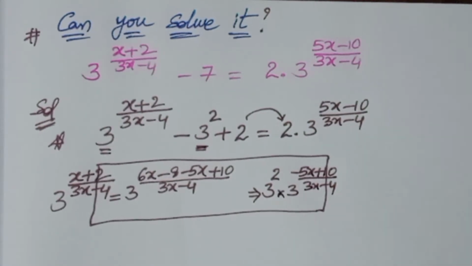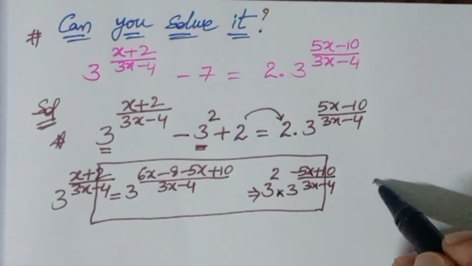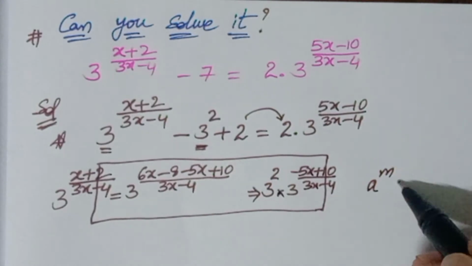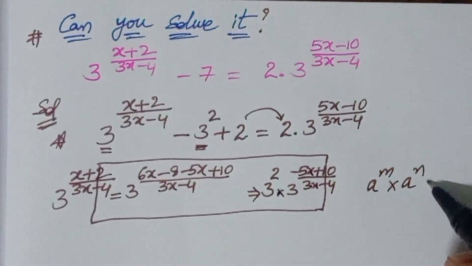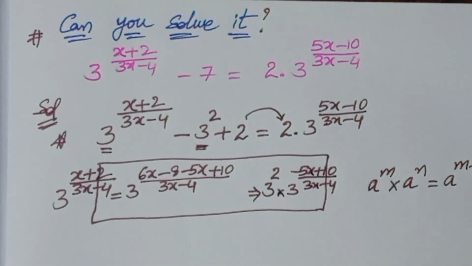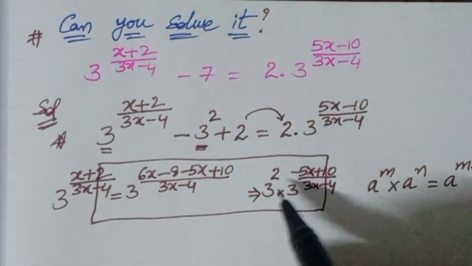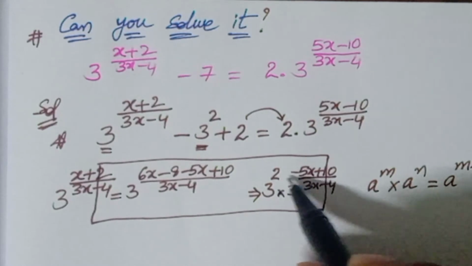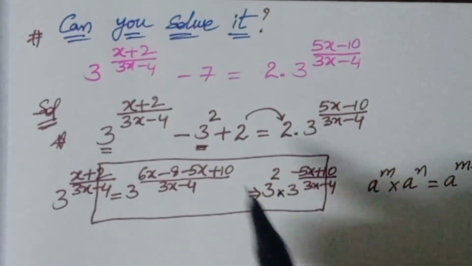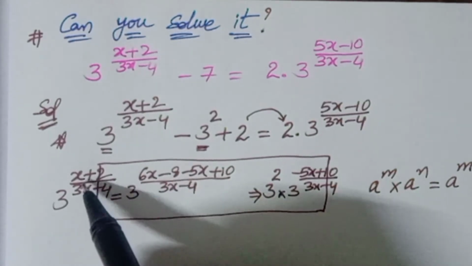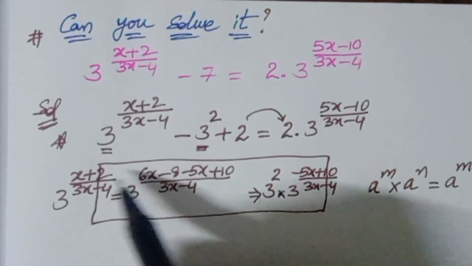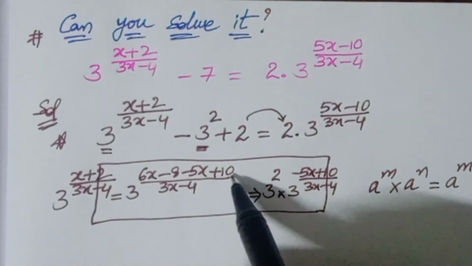The formula you are using is a to the power of m into a to the power of n is equal to a to the power of m plus n. Here you have to add these two powers, then you will get this value. 6x minus 5x is x, 10 minus 8 is 2.